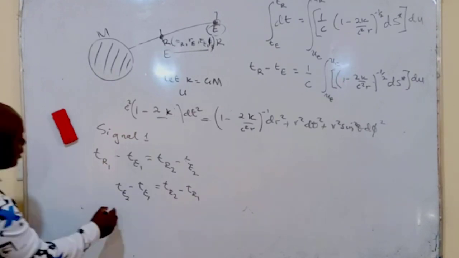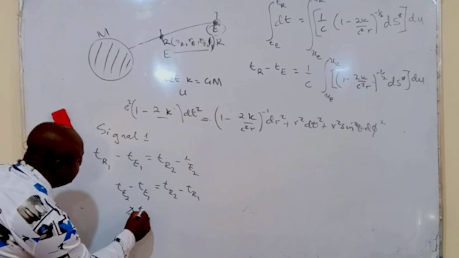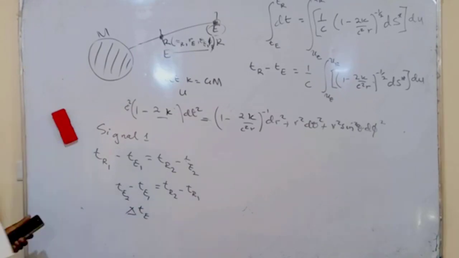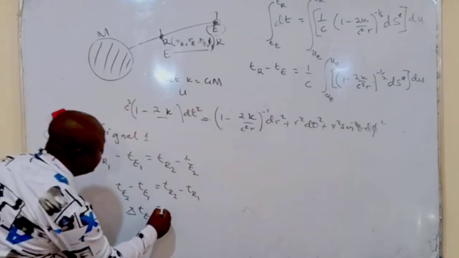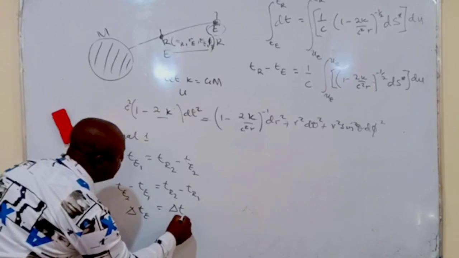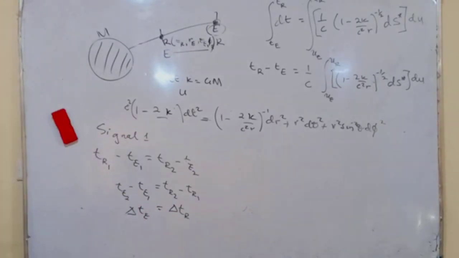Okay, so I can call this delta T emission, and I can call this one delta T reception. Are we together?